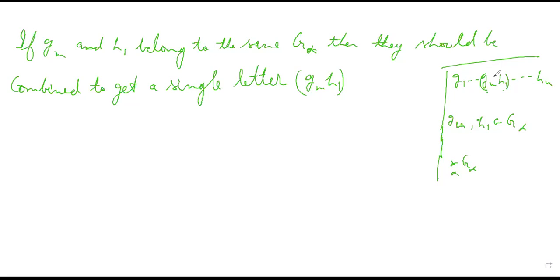We had the condition alpha i not equal to alpha i plus 1. So if Gm and H1 are in the same G alpha, that condition will be violated. So we will consider the product of Gm and H1 in G alpha and replace it by that. Suppose it is U, so we will replace it by U.